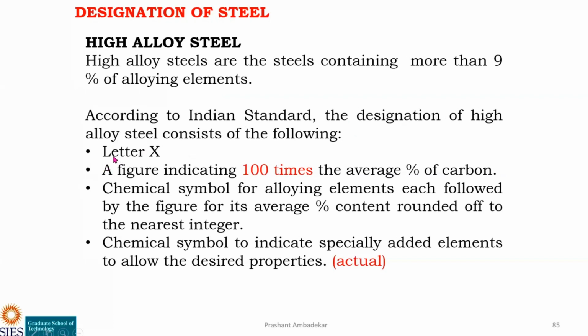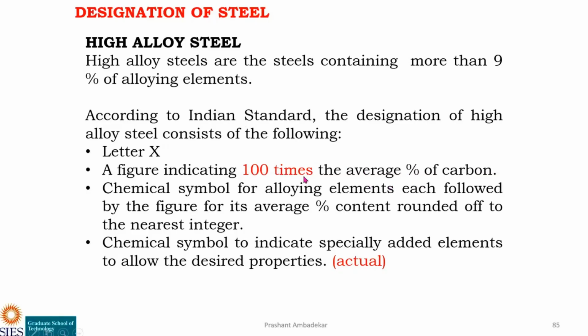So what is the sequence? It will always come in a sequence like this. First there will be the letter X. Then after the letter X there will be a number which indicates 100 times the average percentage of carbon. Then there will be a chemical symbol for the alloying element. You can see that there is no letter C here.